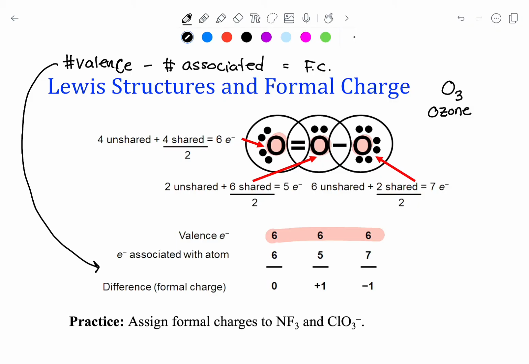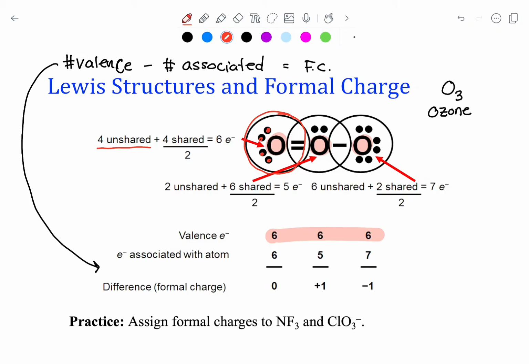So let's look at our leftmost oxygen first. In this oxygen, I have 4 electrons that are in lone pairs. So those would be my 4 non-bonding electrons. And to that number, we have to add our associated electrons that are in bonding, but we take half of the number of electrons that are in bonds.